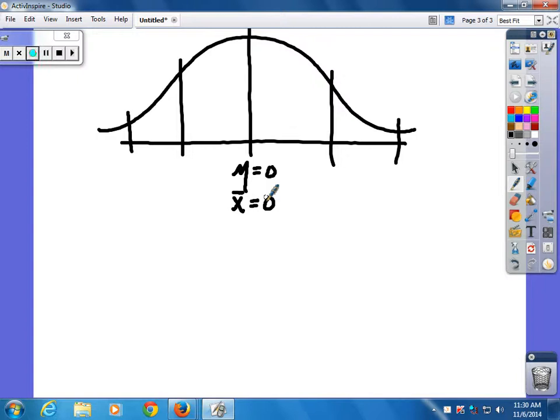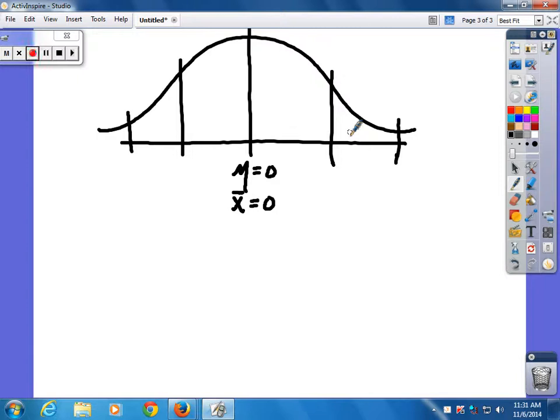Now the center represents 50%. So this side is 50%, and this side is what? 50%, or 0.5. So this would be like 0.75. This would be like 0.95. So you need to read it from left to right. It's like the gas tank.